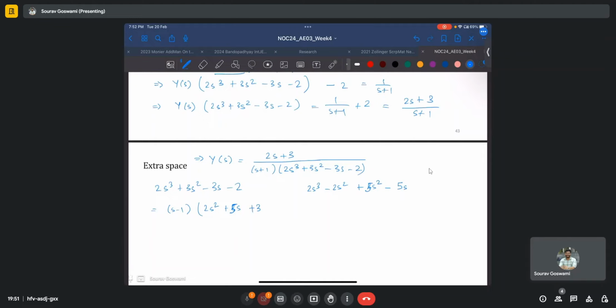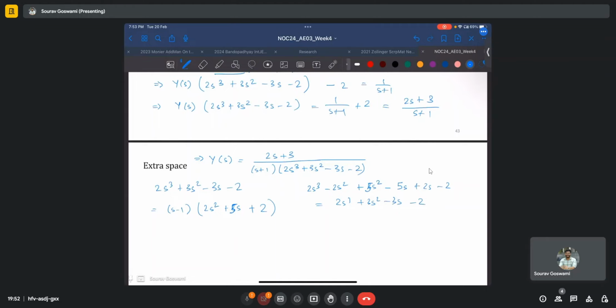So plus 2 multiplied by plus 2, then I have plus 2s minus 2. This will turn out to be 2s cube plus 3s square minus 3s minus 2. Yes. So we have been able to isolate one of the factors. This is equal to s minus 1 times 2s square plus 5s plus 2.